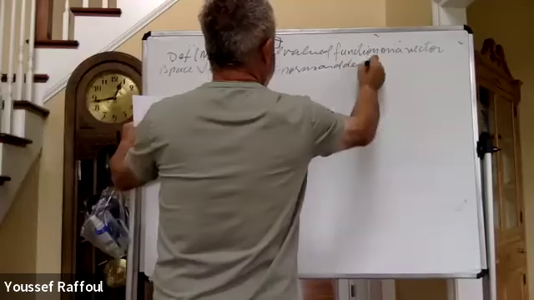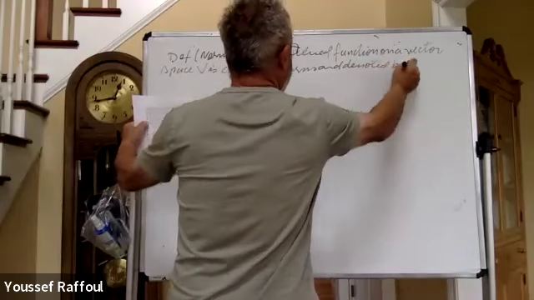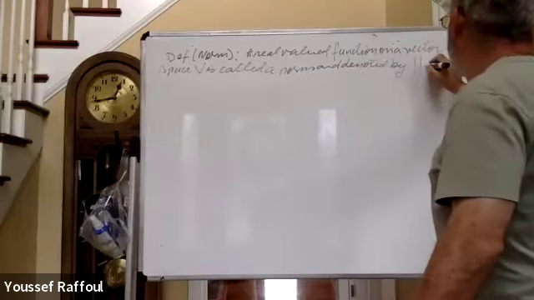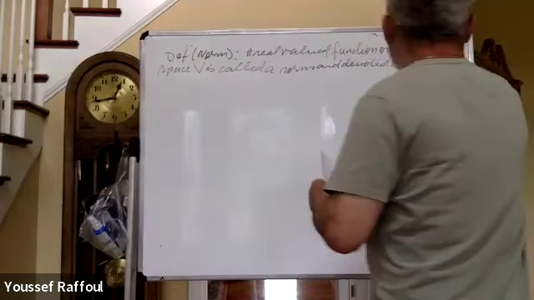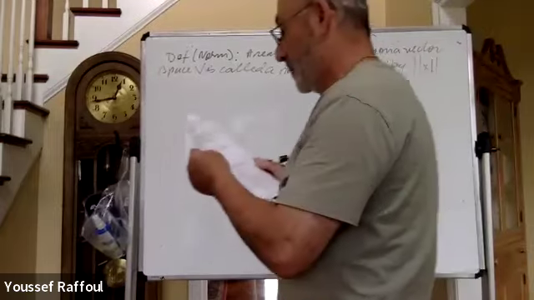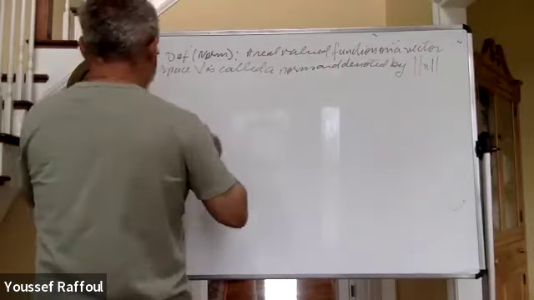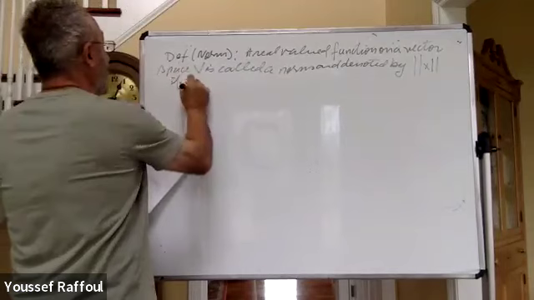Denoted by double bars around x, sorry, if it has the following properties.